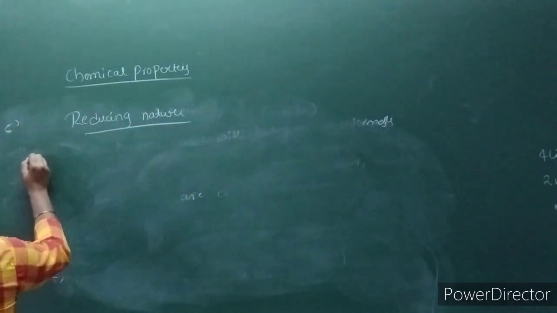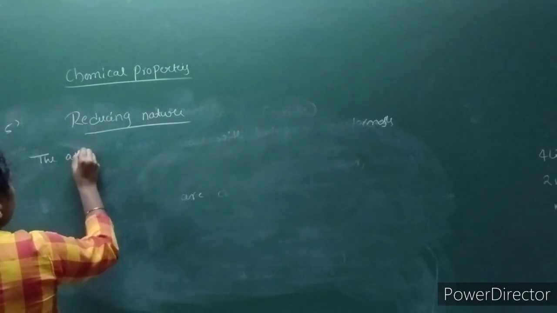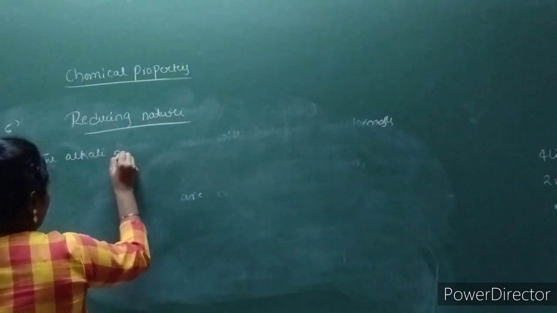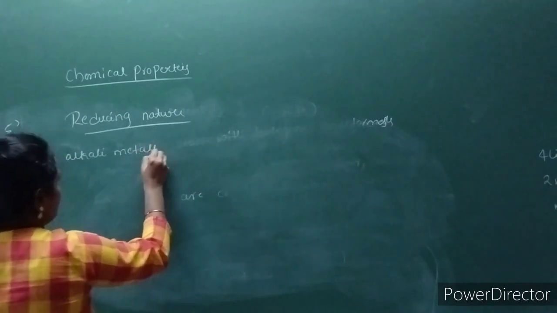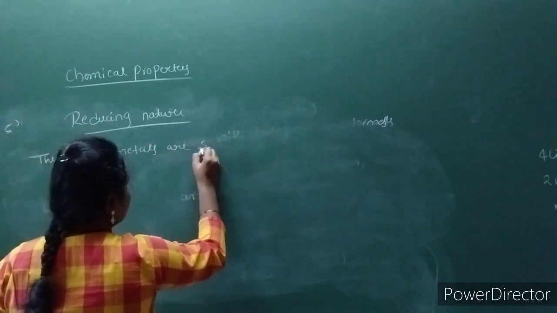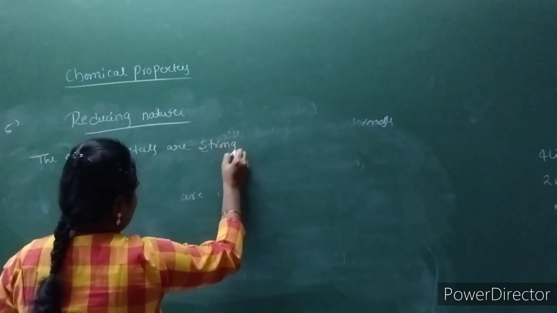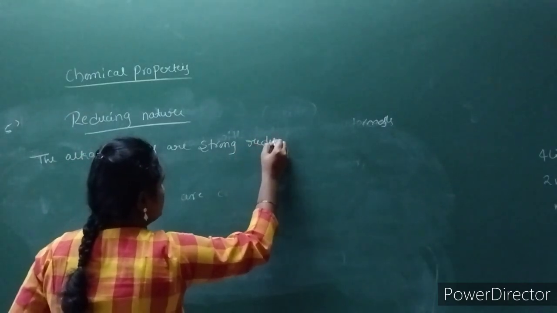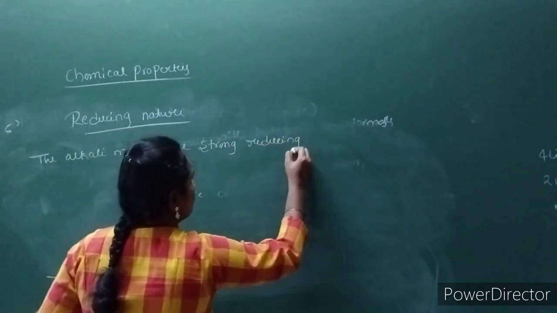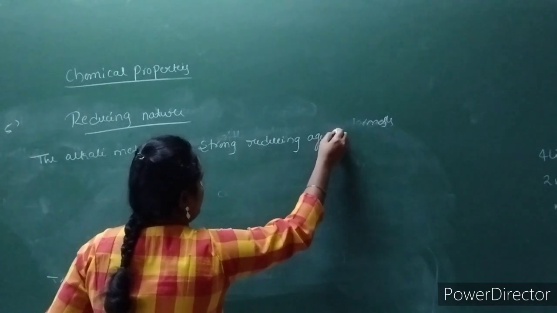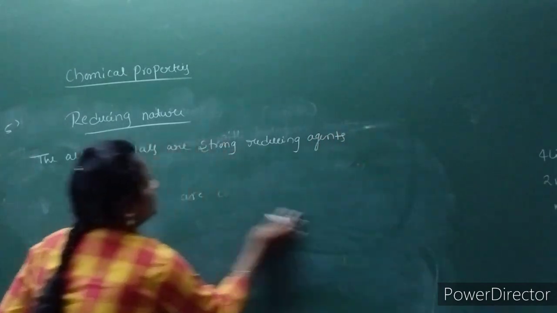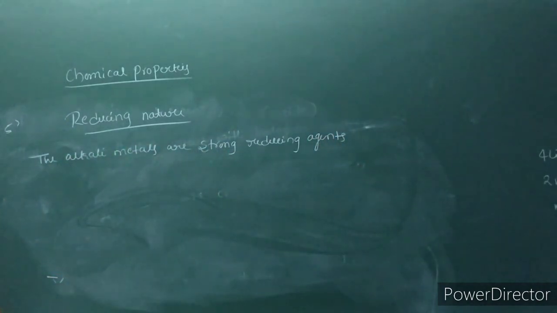So these alkali metals show reducing nature. The alkali metals are strong reducing agents. Lithium is the most and sodium is the least powerful.